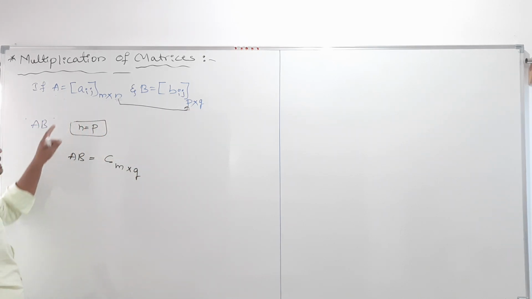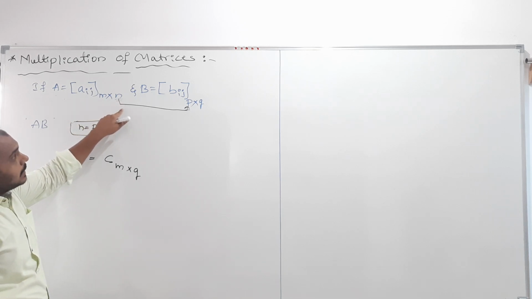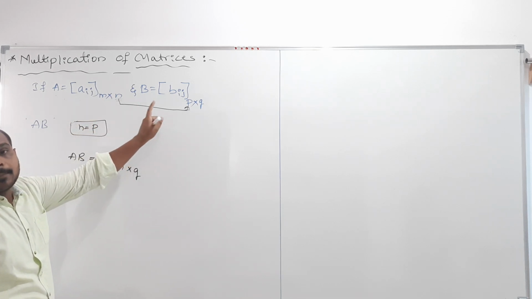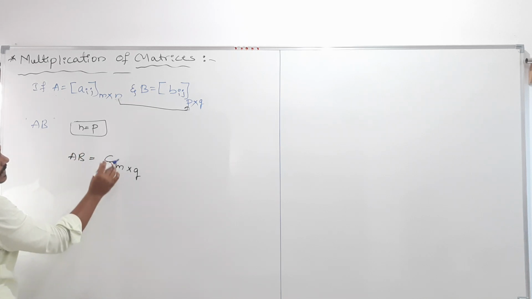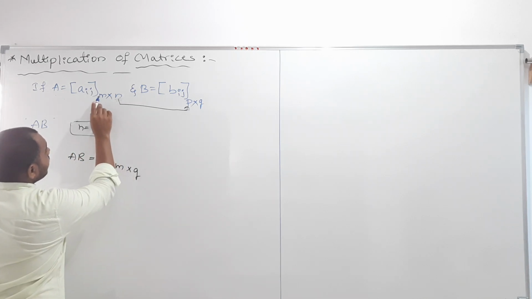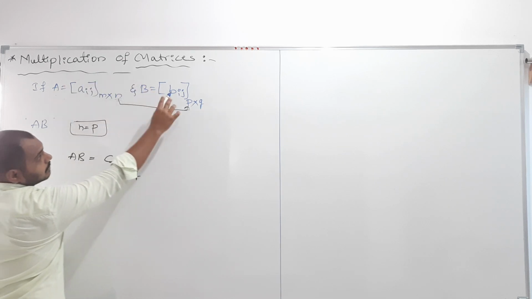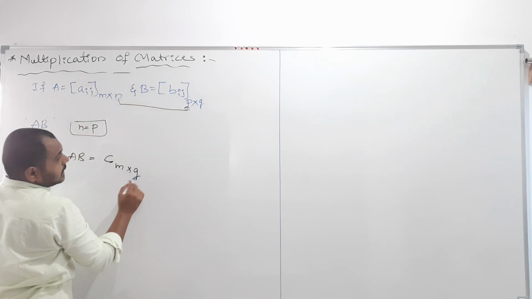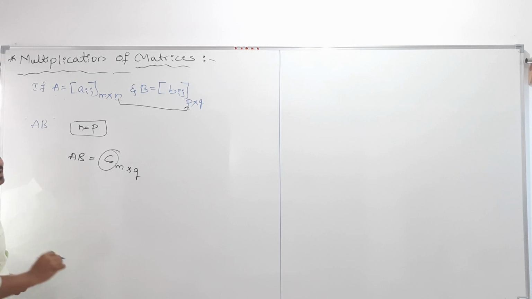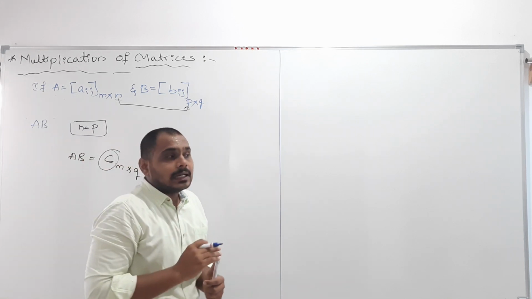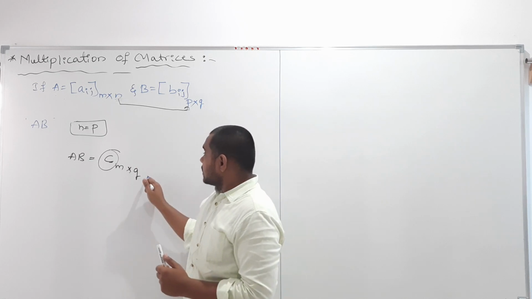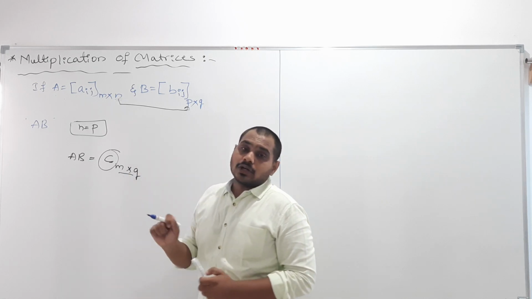Here A is a matrix of order m cross n, and B is a matrix of order p cross q. After multiplying, the resultant matrix will be of the order: the number of rows of A and the number of columns of B, that is m cross q.